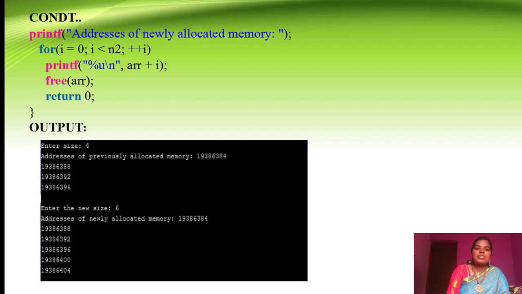Now the addresses of newly allocated memory: the previous 4 addresses remain as they are, and the next 2 blocks of memory, that is 19386400 and 19386404, will join the previously allocated memory, and now it displays the addresses of all 6 memory blocks like this.